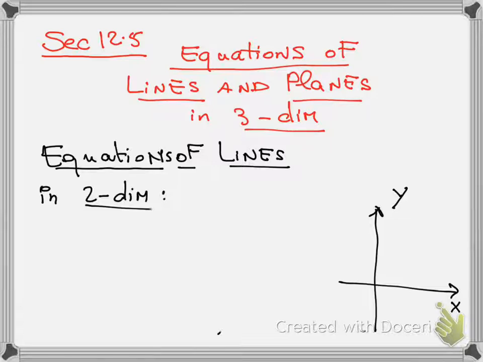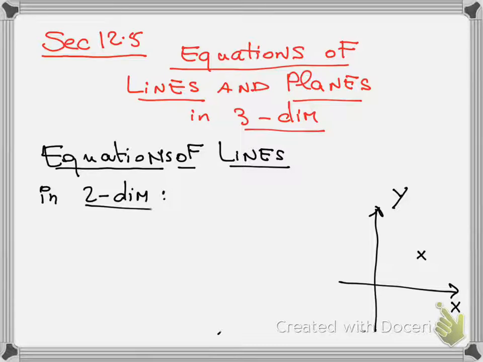To determine an equation of a line in 2-dimensional space, basically you need two things. You need a point, and how many lines pass through this point? Of course, there are infinitely many lines that pass through this point. But to fix the line, you need the slope.